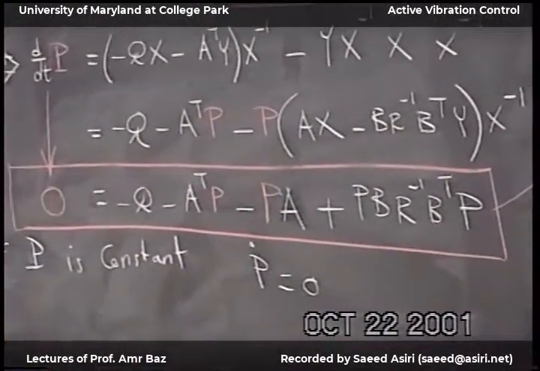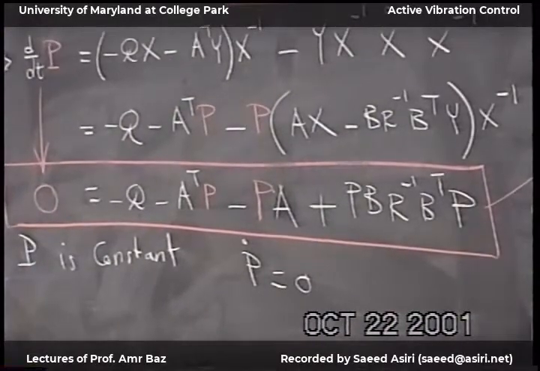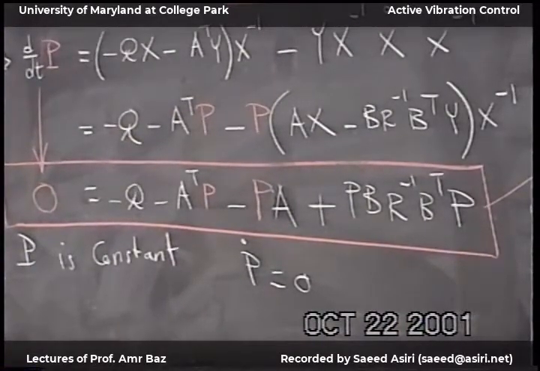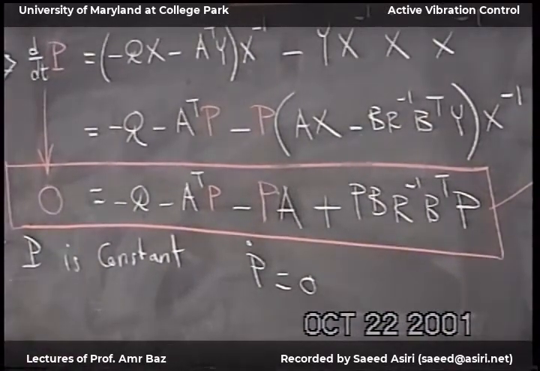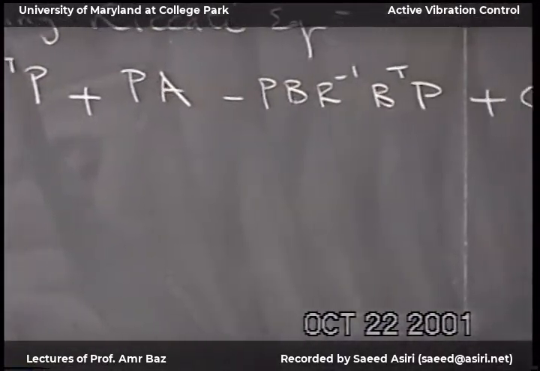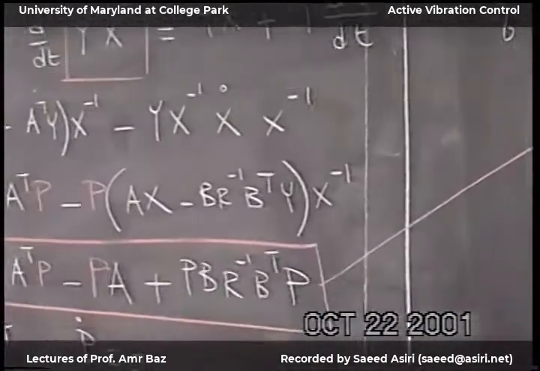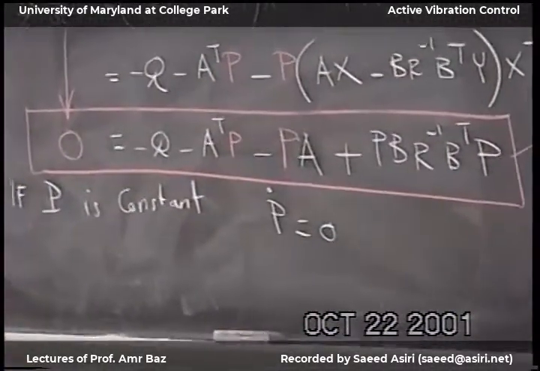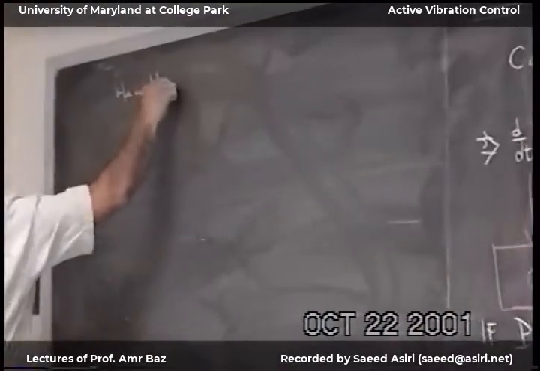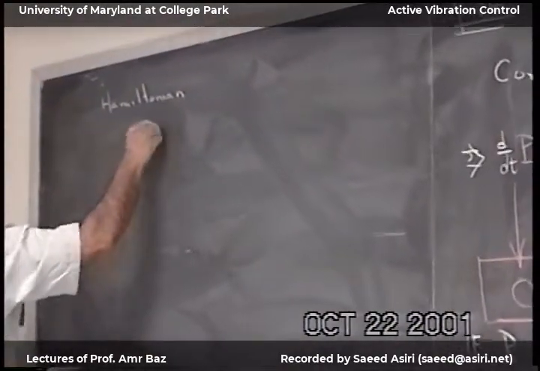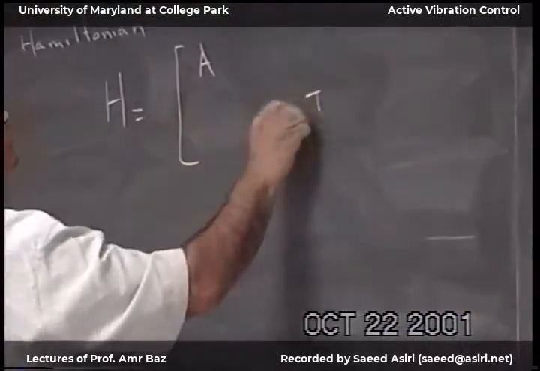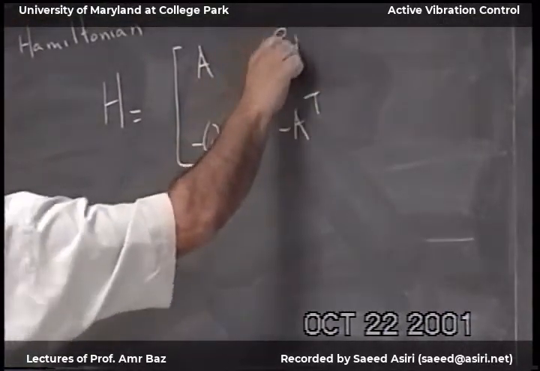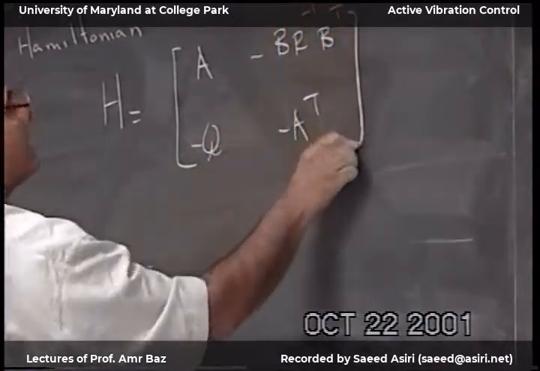So now grouping the Hamiltonian in this special form, then the Hamiltonian, which again is H is equal to A minus A transpose minus Q minus B R inverse B transpose.